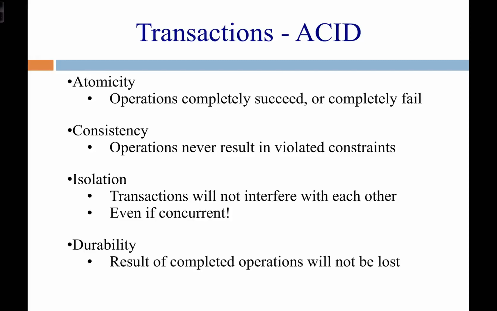Isolation at a basic level means that transactions will not interfere with each other, even if they are concurrent and would normally cause a race condition or some kind of conflict. It will appear as though they are running in isolation and nothing else is going on in the system at that time. So in the example where two people were trying to check out the same book, to the transaction that failed, it just looked like that primary key was already in the checked out table the whole time.